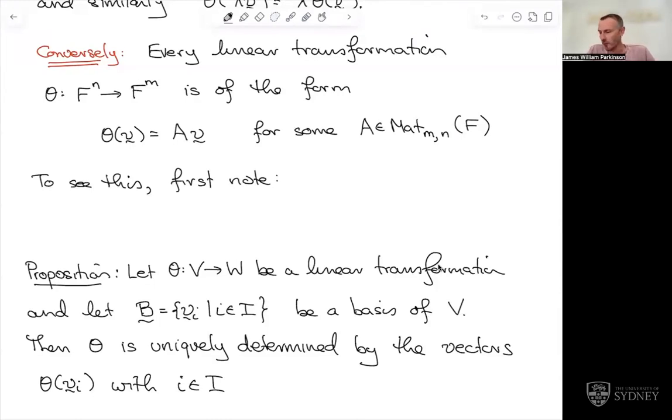Before even writing out the proof, this should be pretty clear. Every element of V can be written as a linear combination of elements of the basis. A linear transformation, by definition, preserves linear combinations, so it breaks up into a linear combination of the images of the basis elements, and hence it's determined by them. But we'll just prove it.